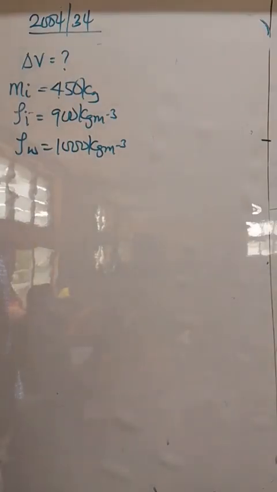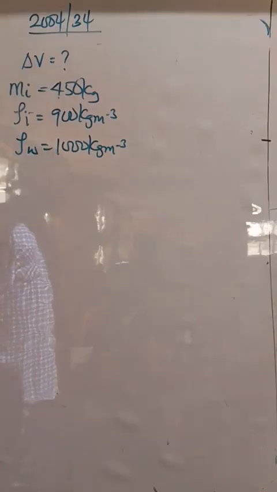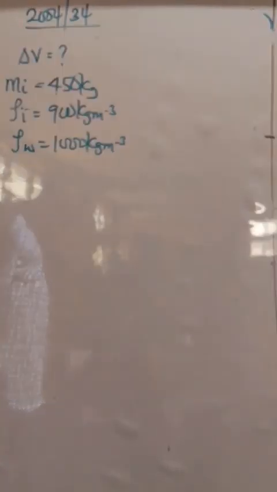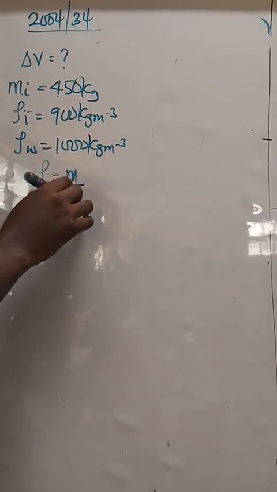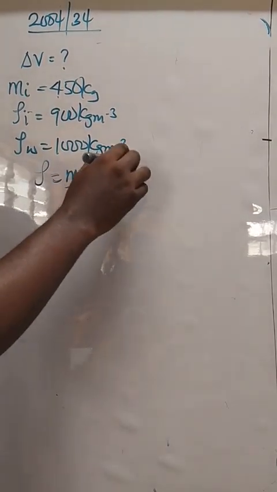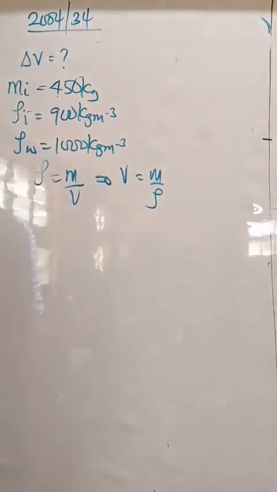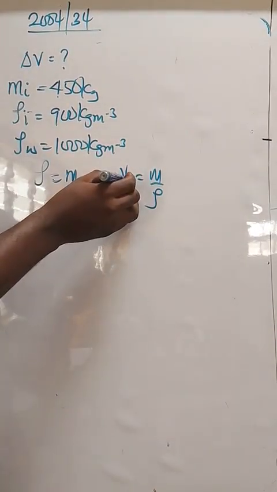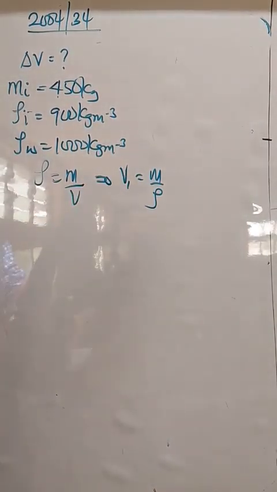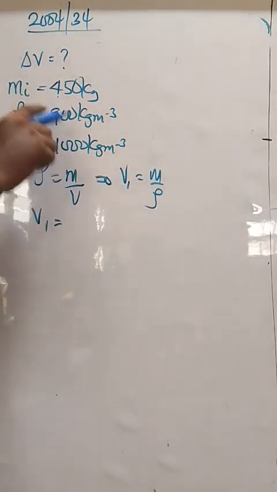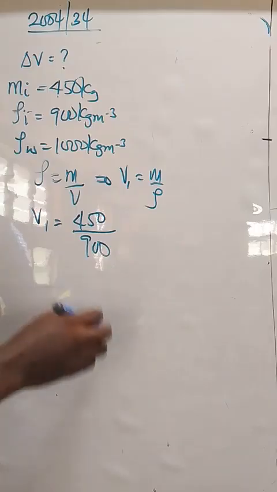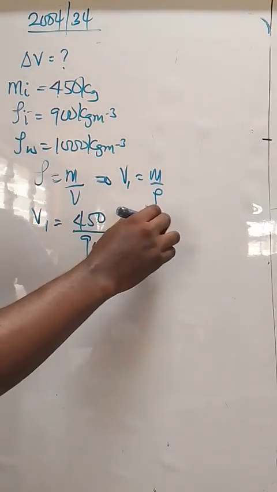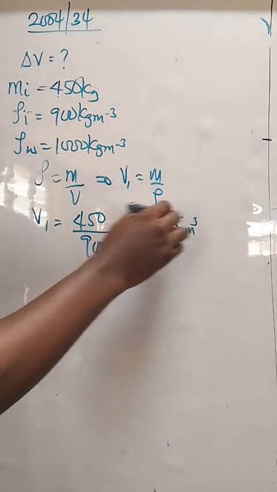Now, when ice melts and becomes water, something remains the same, which is the mass. Since density is mass per volume, volume equals mass over density. So the initial volume, let's call it V1, when it was still ice: the mass of the ice is 450, density of ice 900, and here we get V1 to be 0.5 meter cube.